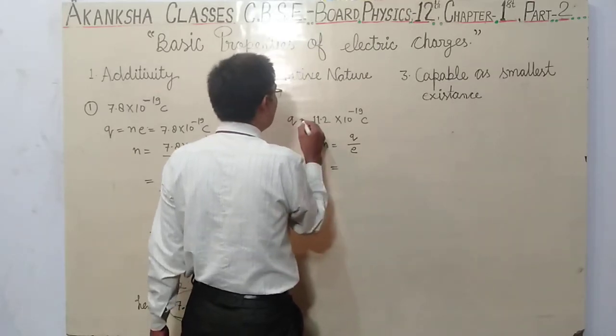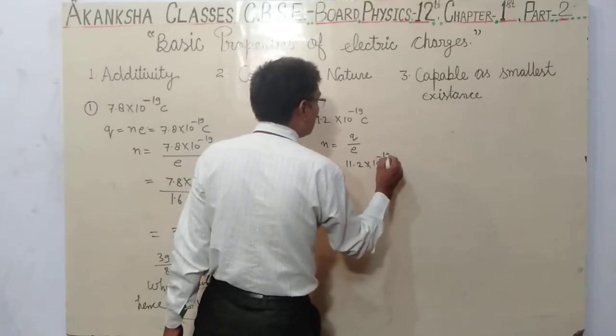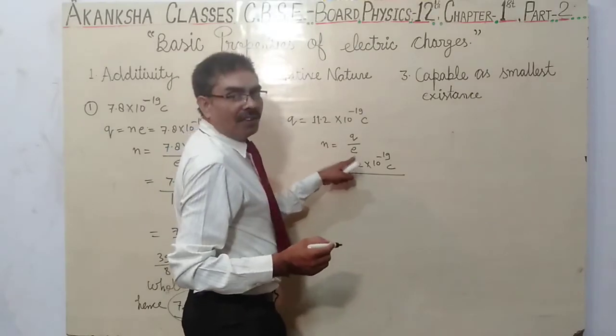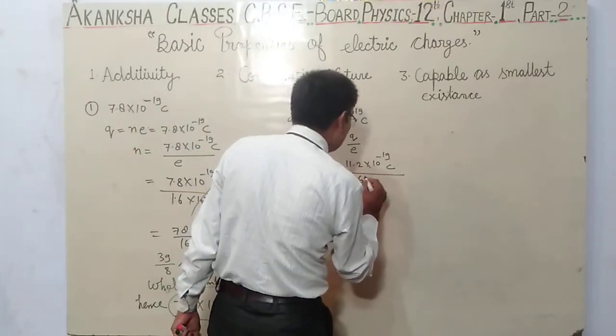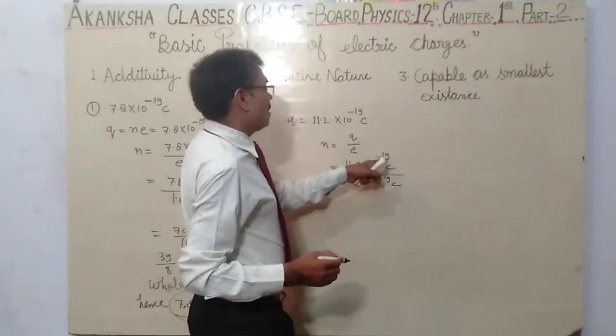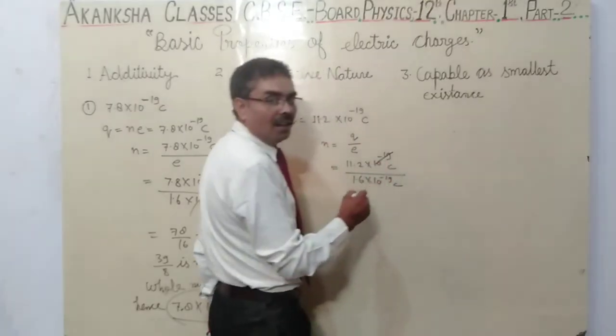Value of Q, the given charge, 11.2 into 10 power minus 19 coulomb, by the value of e, 1.6 into 10 power minus 19 coulomb. Here 10 power minus 19 coulomb will be cancelled by the law of cancellation.